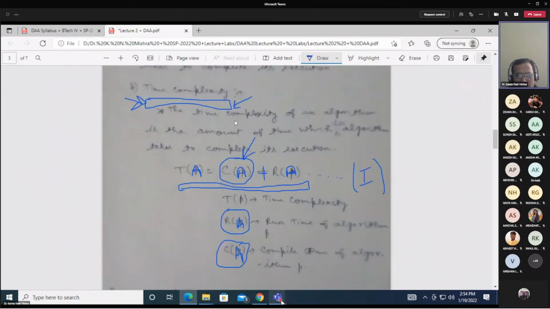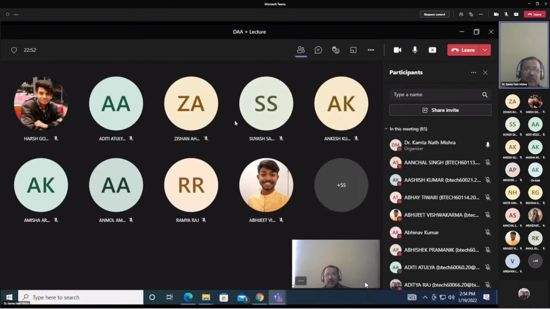But here is the problem. The same problem has been given to 4 students. So you have 2 options. Either all 4 students run their program on the same machine. Yes or no? All 4 students compile and execute their programs on exactly the same machine.